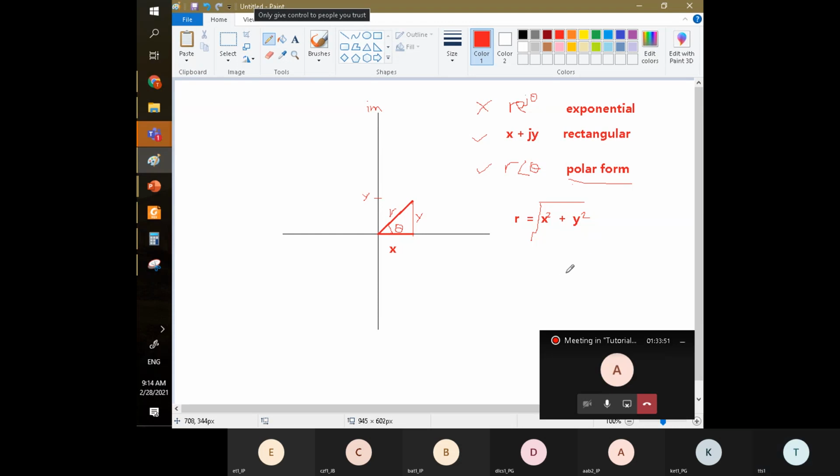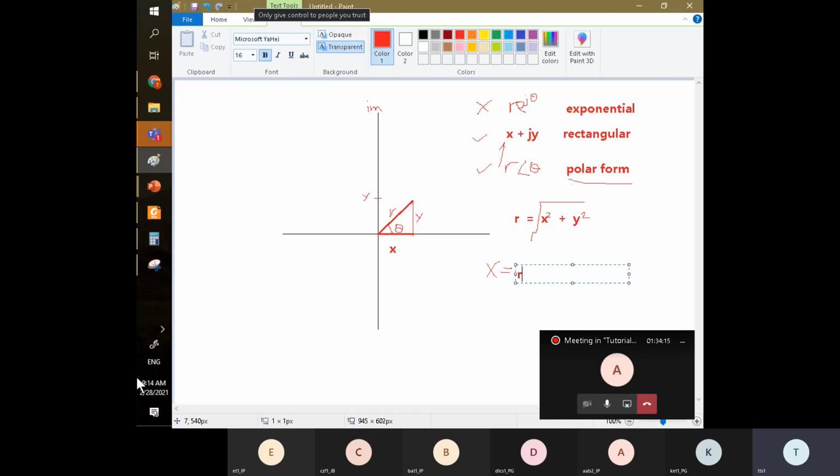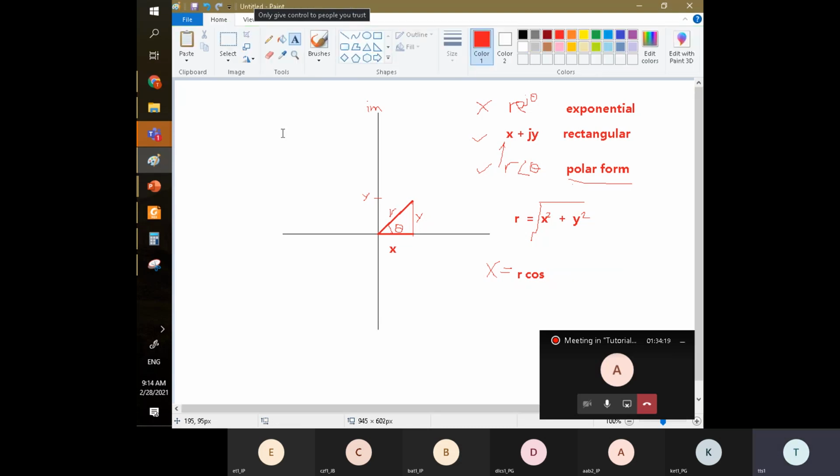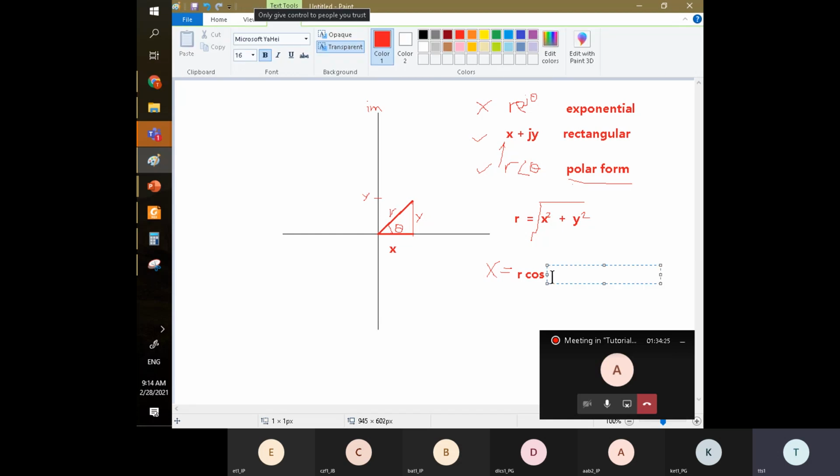To convert from here to here, x is equal to r cosine theta.